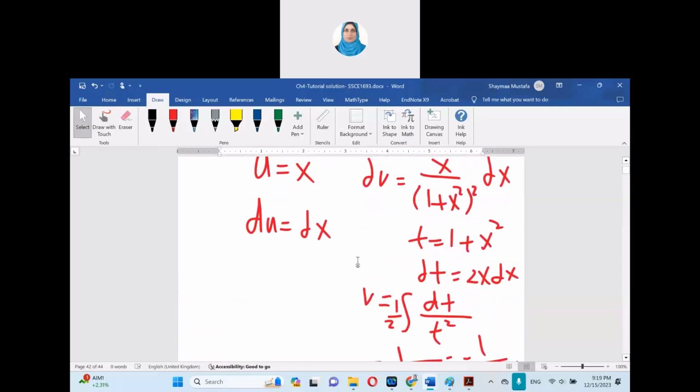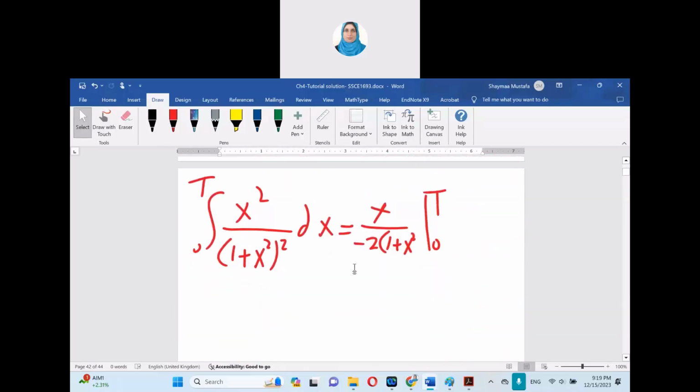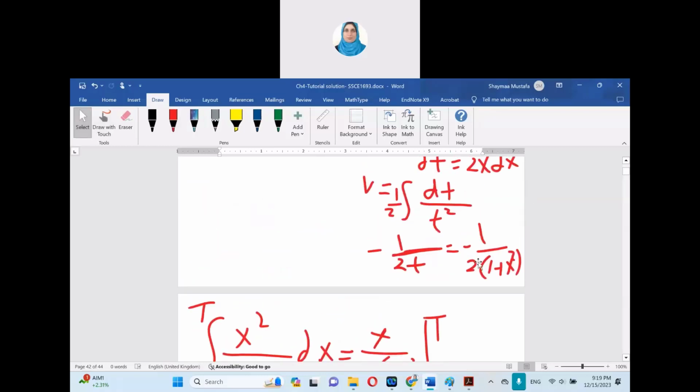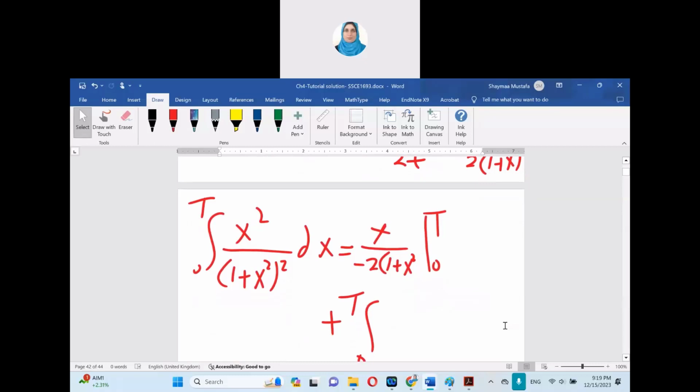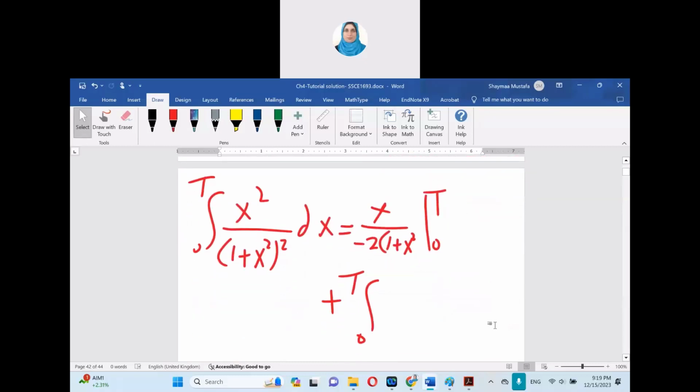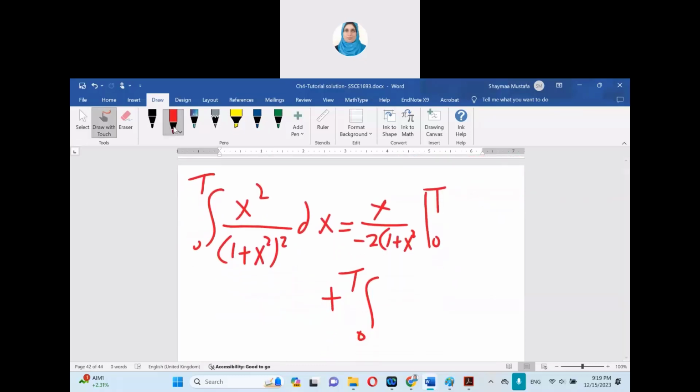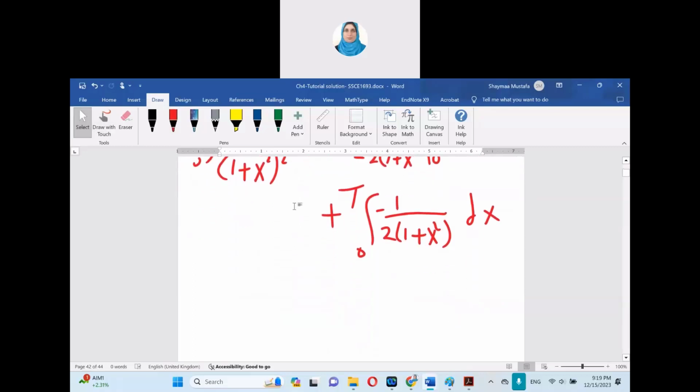And then minus the integral, which becomes plus, from 0 to t of v du, which is 1 over 2 times 1 over (1 plus x squared) dx.